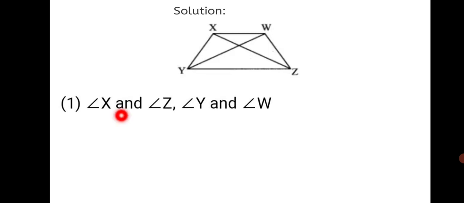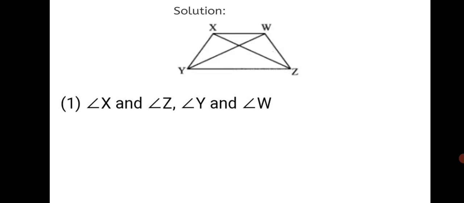So angle X and angle Z. You can name single letters also. So angle Z and angle X is the first pair of opposite angles. Which is the second one? Yes, angle Y and angle W. So these are the pairs of opposite angles.